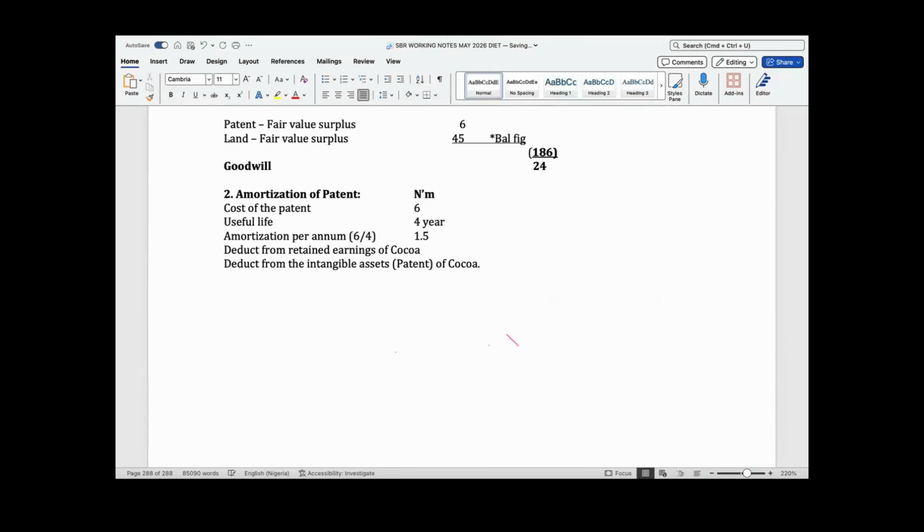So additional information 3. I'm going to do the translation of statement of financial position of Coffee PLC. So I'm translating from Ghana cedis. I will get the rates. I'm translating to Naira.